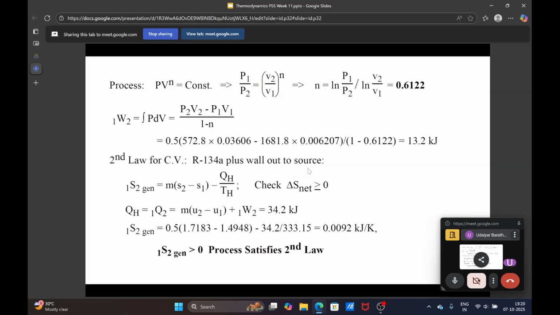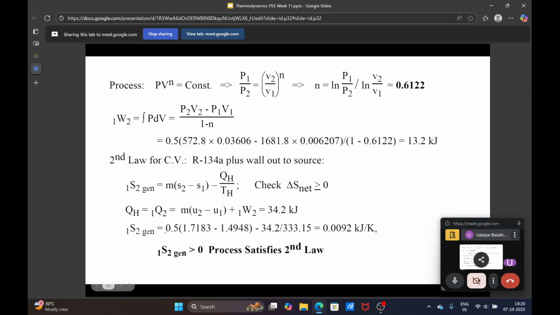So entropy generated is m into S2 minus S1 minus Q by TH. So the heat transfer which is happening, from the first law, m into U2 minus U1 plus W, comes out to be 34.2 kilojoules. So substituting that here, and heat transfer is happening with the temperature source of 60 degrees Celsius.